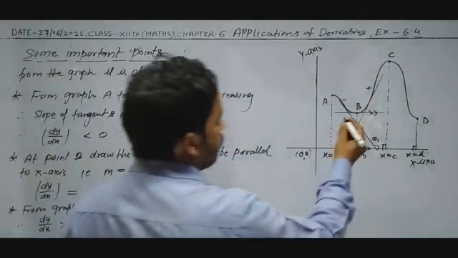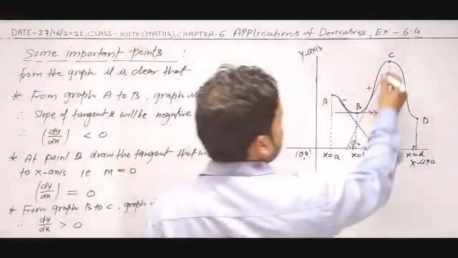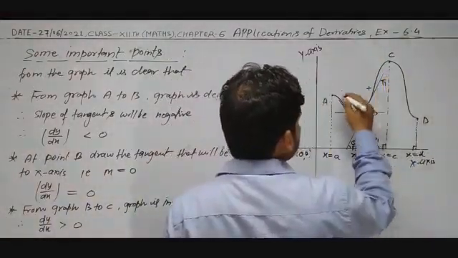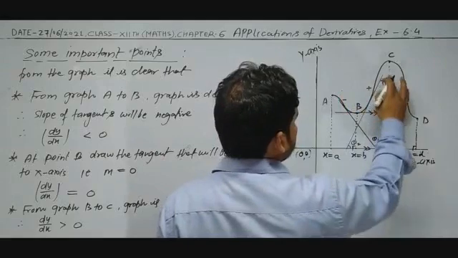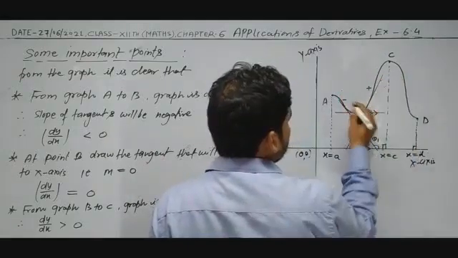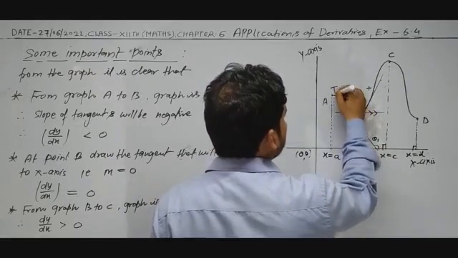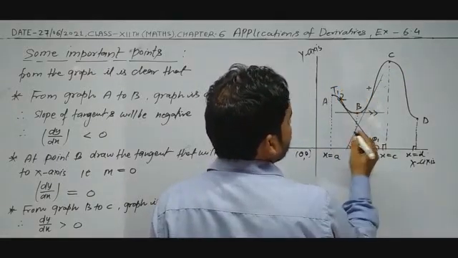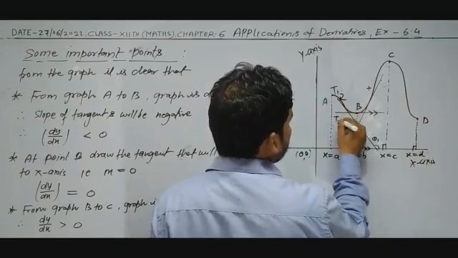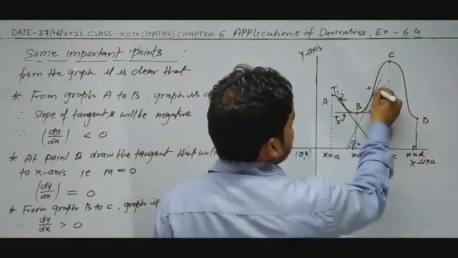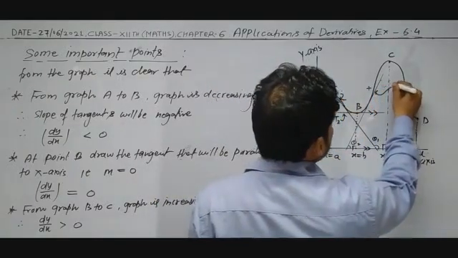Now see the note point for tangents. Suppose this is tangent T1, this is tangent T2, and this is tangent T3.